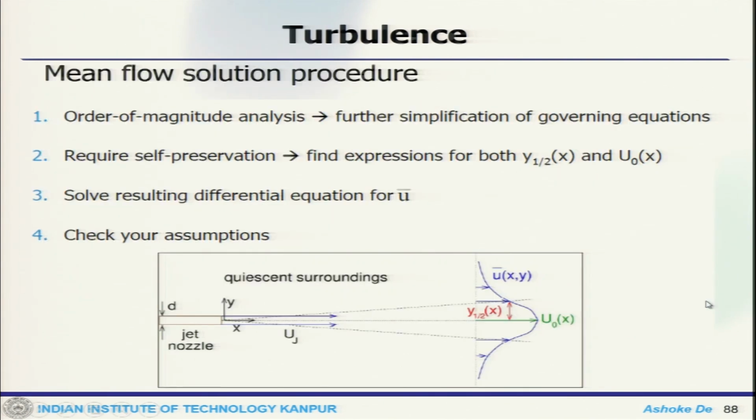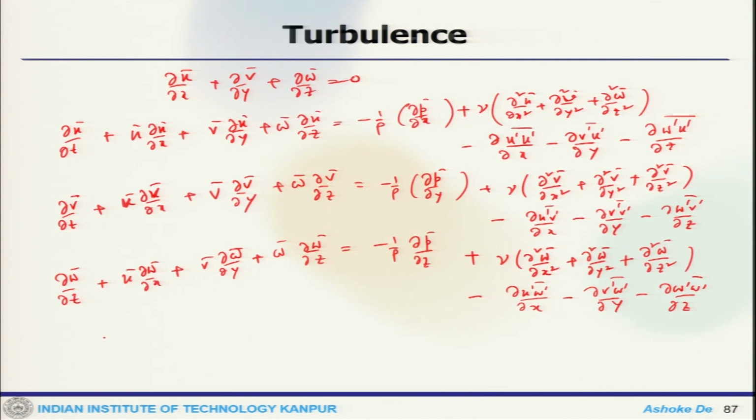So, one of the simplifications is that the mean flow is 2D, the flow is statistically stationary, and third, the flow is also statistically homogeneous in the z direction.